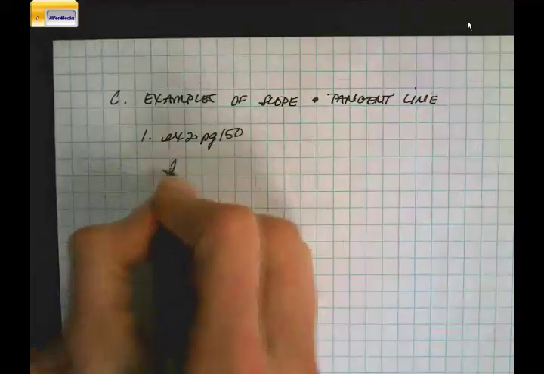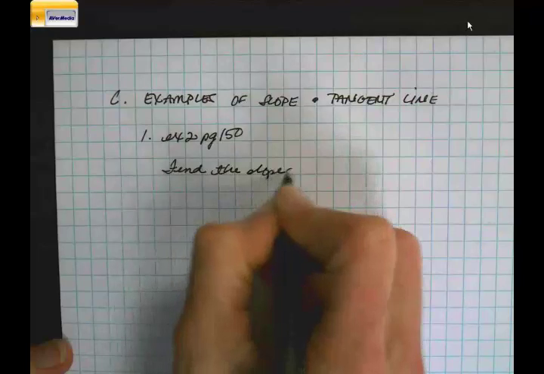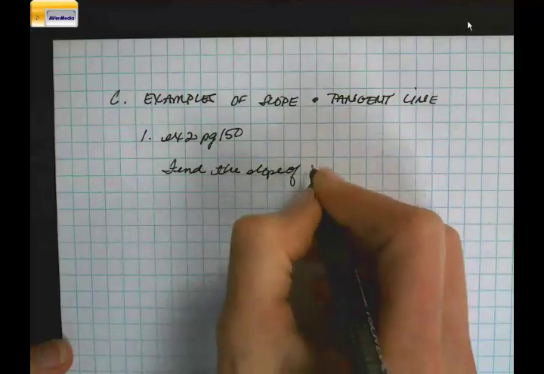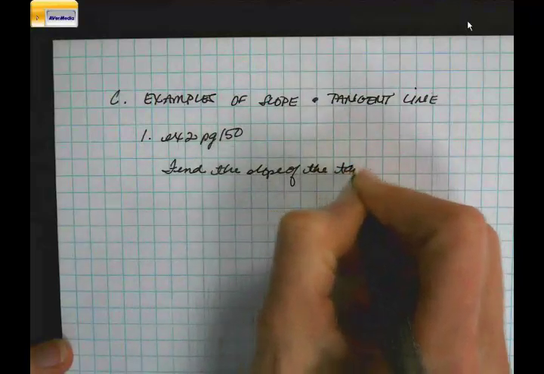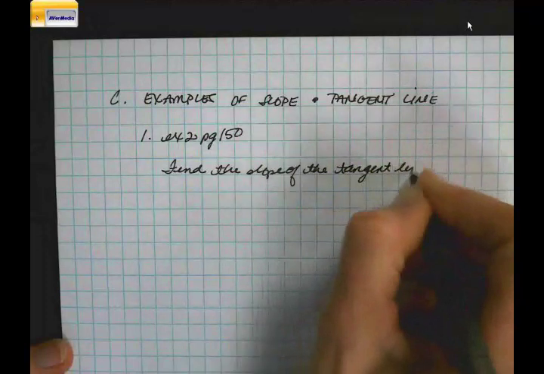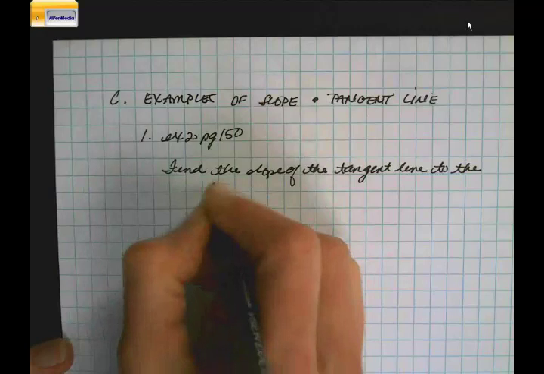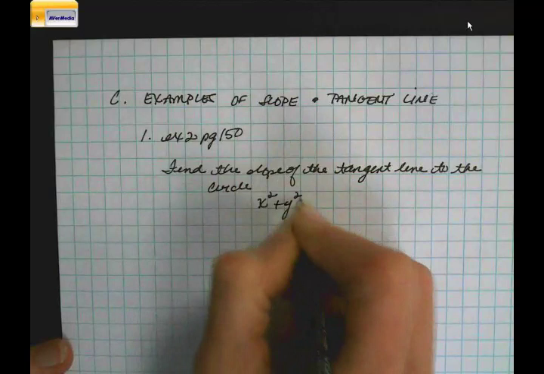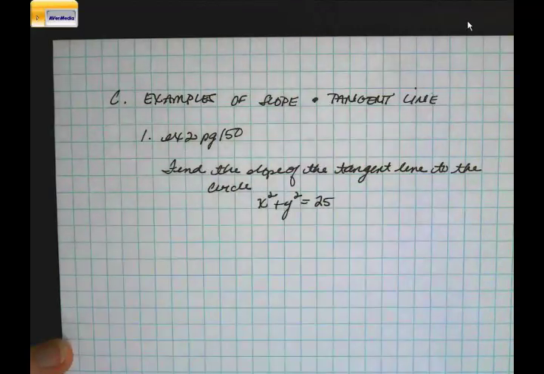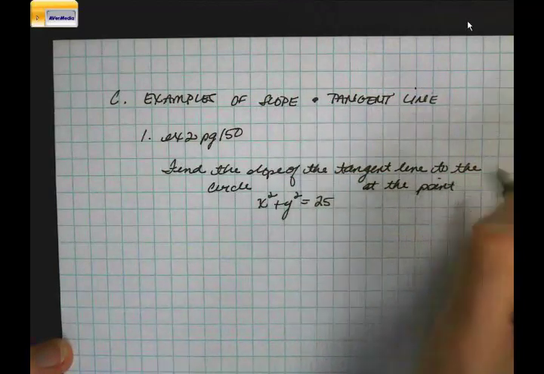And here's the question, and it says, find the slope of the tangent line to the circle x squared plus y squared equaling 25 at the point 3, negative 4.